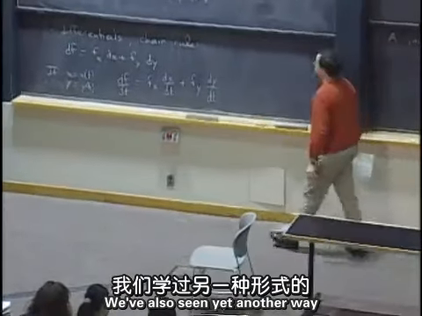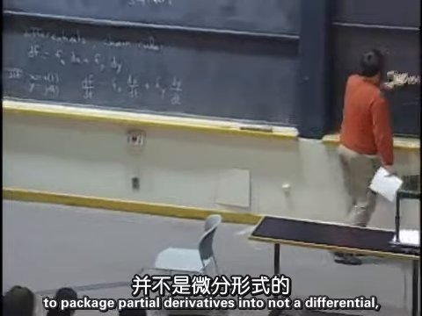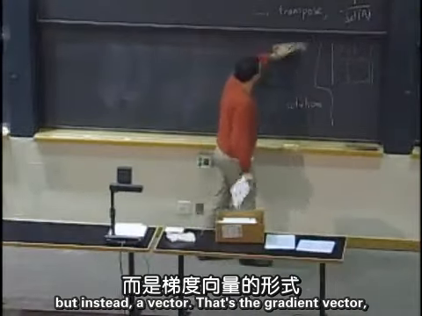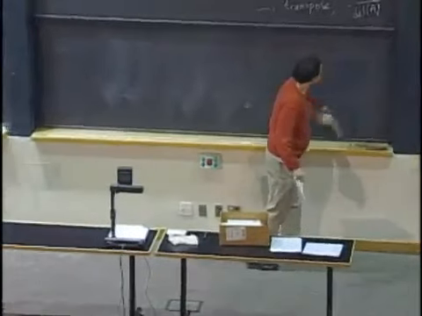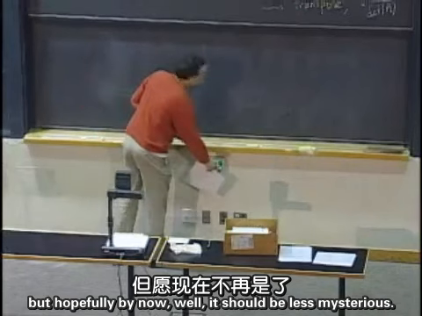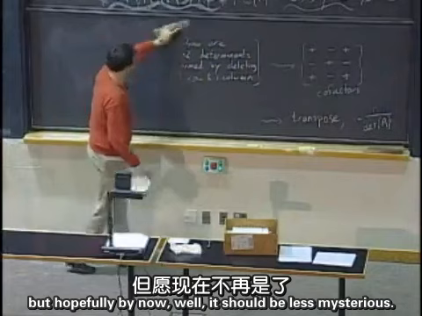We've also seen yet another way to package the partial derivatives, not into a differential, but instead into a vector. That's the gradient vector, and I'm sure it was quite mysterious when we first saw it, but hopefully by now it should be less mysterious.